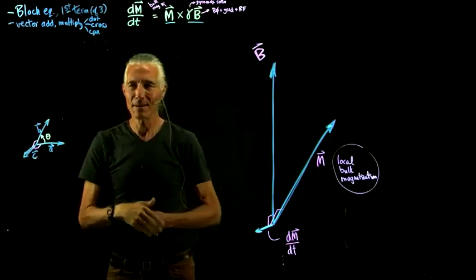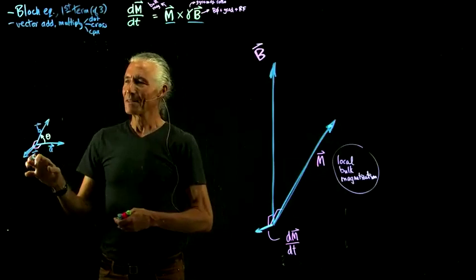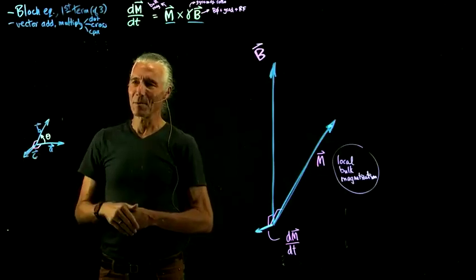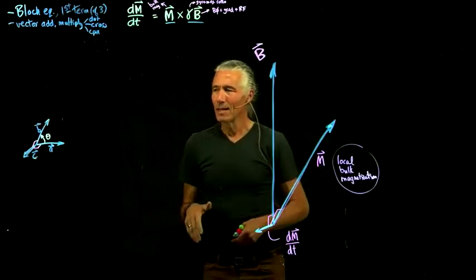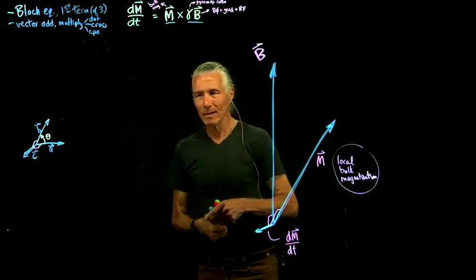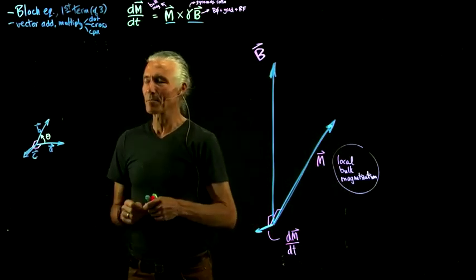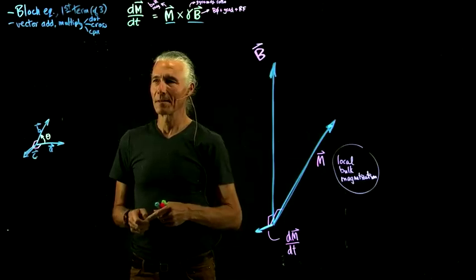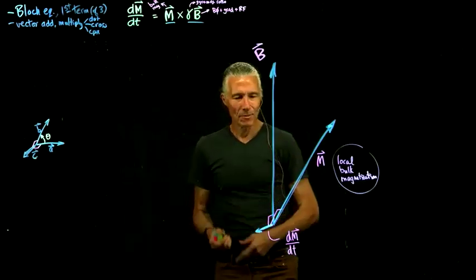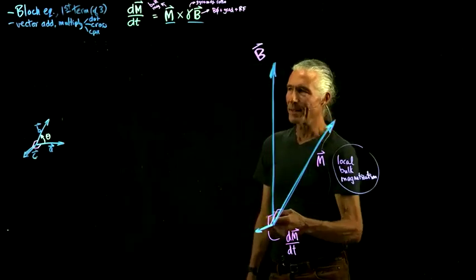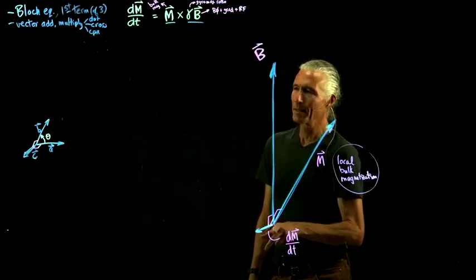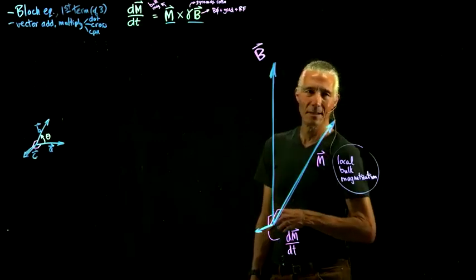So that's one convenient way to remember which way the vector points. Sweep fingers from vector A to vector B, and the direction of your thumb tells you the direction of the cross product. So that's how you would figure out that it's sticking out in this case.